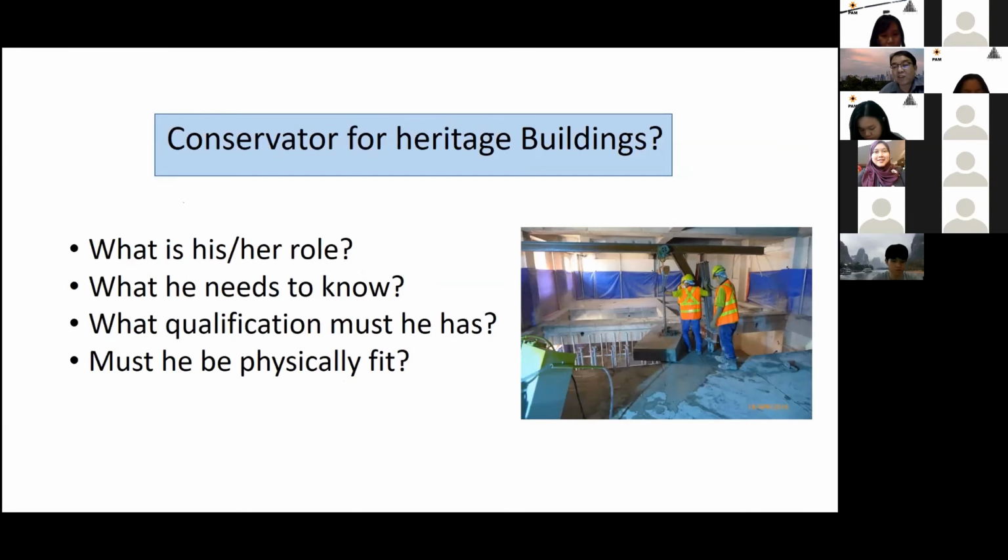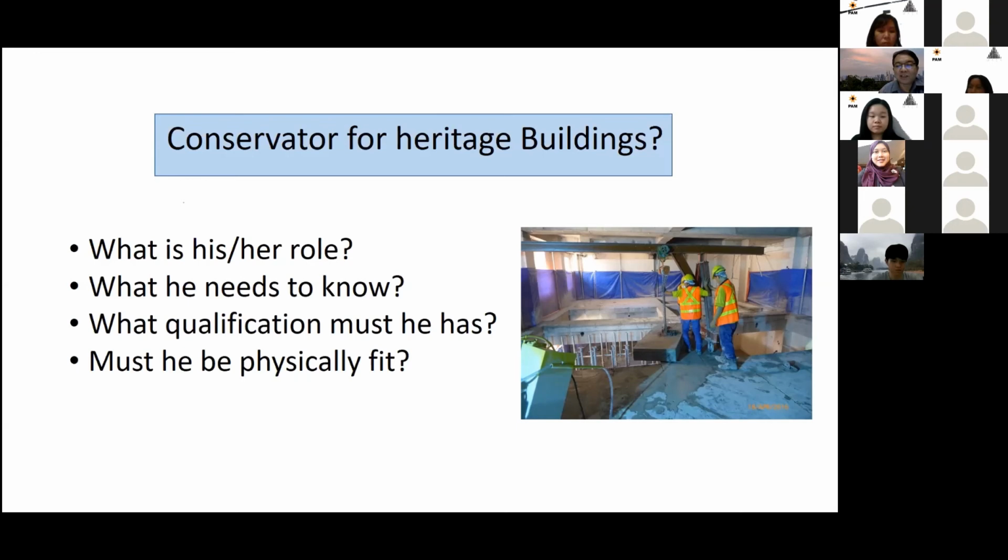Role, again, as I showed, depends on what role you want to play. You can do recording, you can be a photographer to take the building as a record, mapping out all these things, or you can be a scientist. If it's a small building, fine, you can be the leader and do everything, but if it's a huge complex, like Siem Reap, then you focus on a small part of it. What you need to know is your specialization, which part you want to go into.